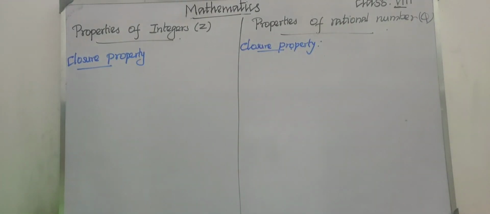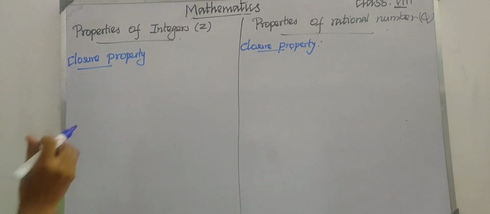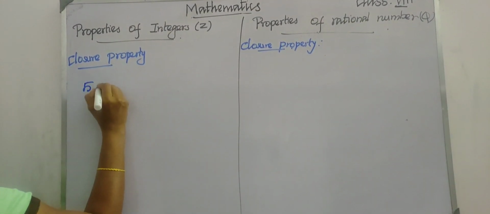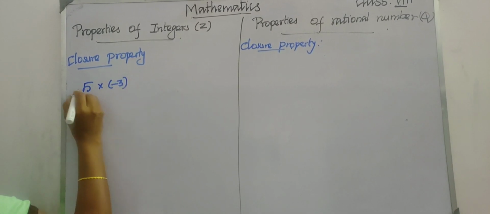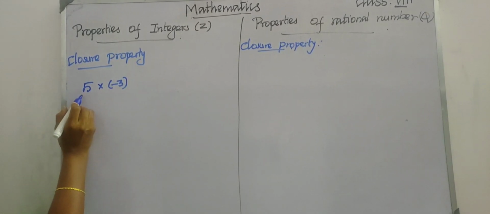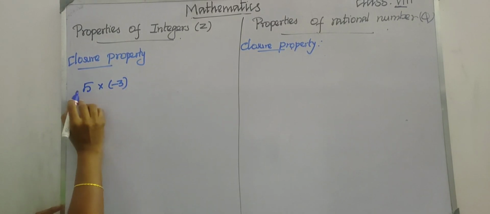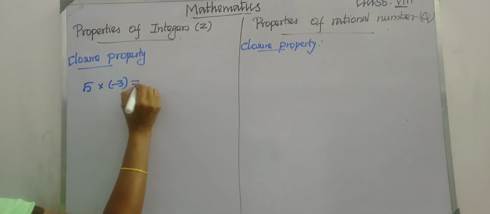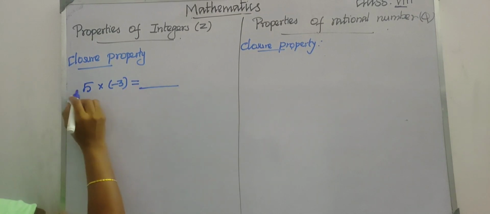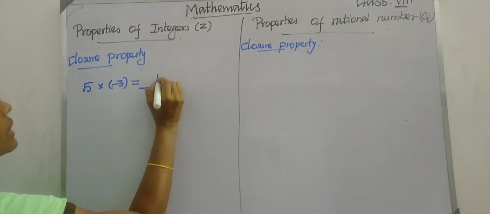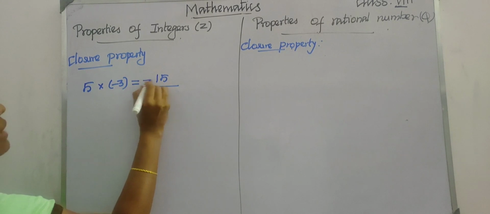Children, see, if you have 5 into minus 3, 5 is an integer and minus 3 is also an integer, right? While multiplying any two integers, what is the answer? 5 threes are 15, and plus into minus is minus.